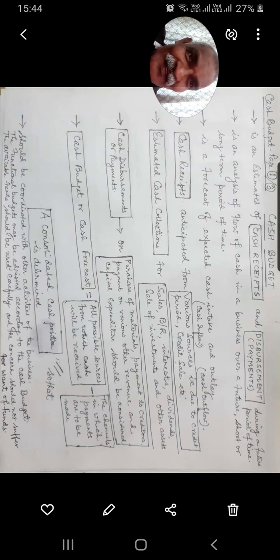Is that clear? The person to whom you sold goods on credit basis is your customer. So, you will collect cash from debtors and receivables.